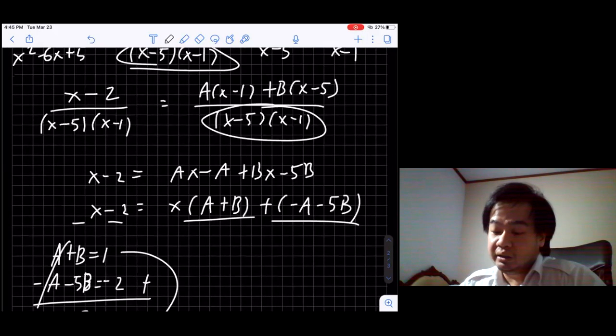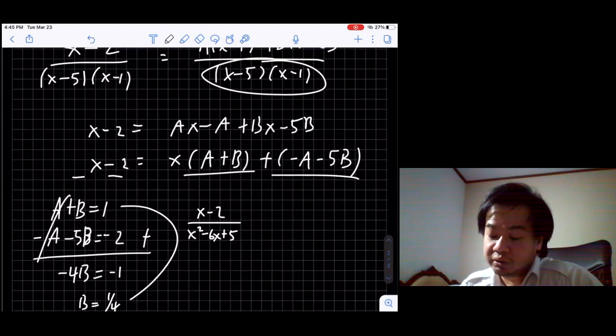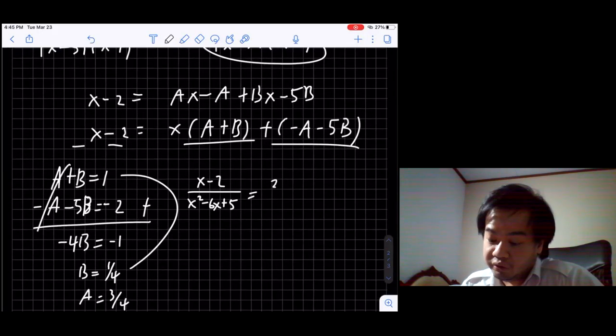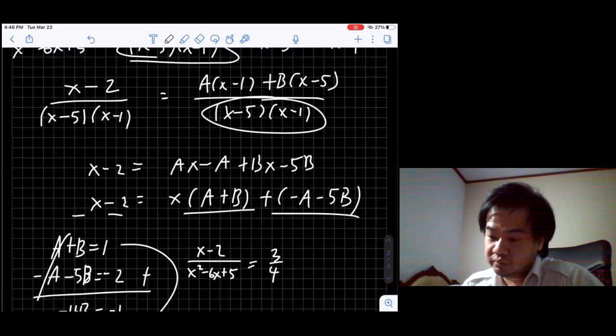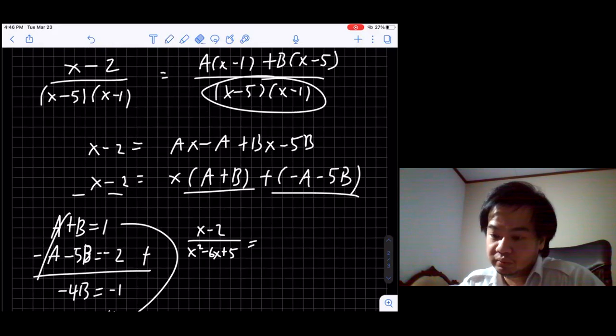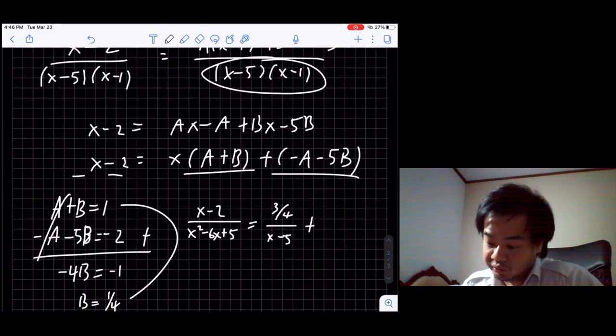So basically, x minus 2 over x squared minus 6x plus 5 can be resolved into 3 over 4 over x minus 5 plus 1 over 4 over x minus 1.